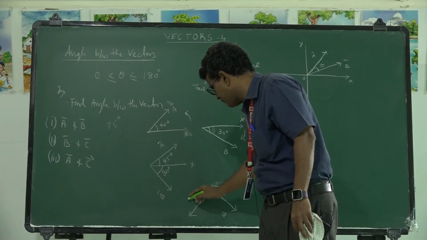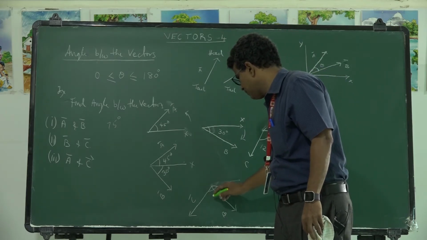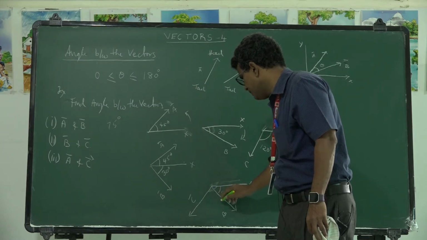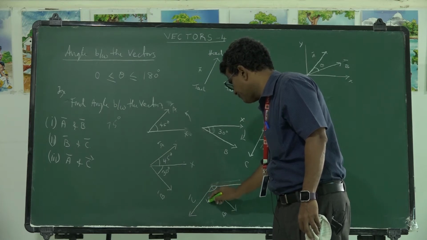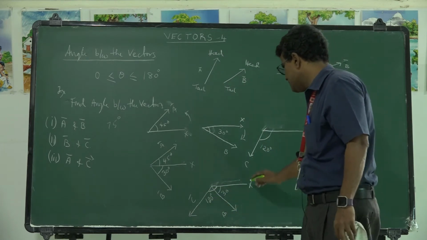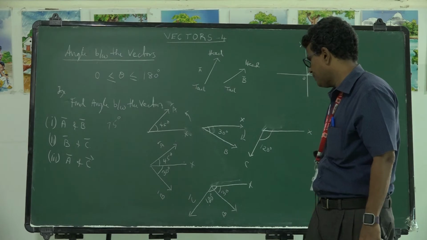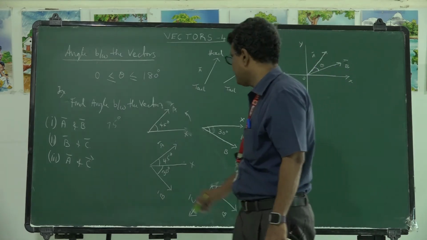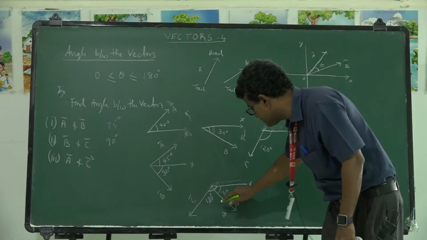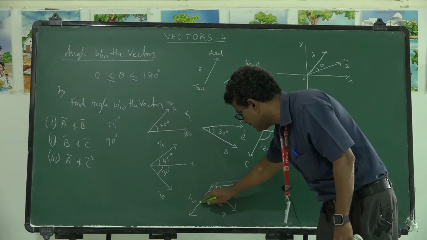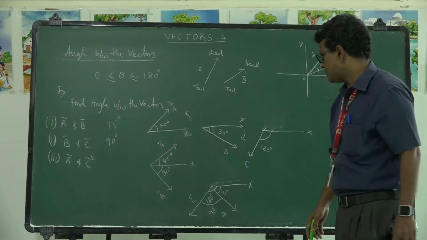If it is 120 with the x-axis, then what is the angle between B bar and C bar? It is 120 minus 30. How much is it? 120 minus 30 is 90 degrees. So, this angle is 90 degrees. That means these two vectors are perpendicular to each other.